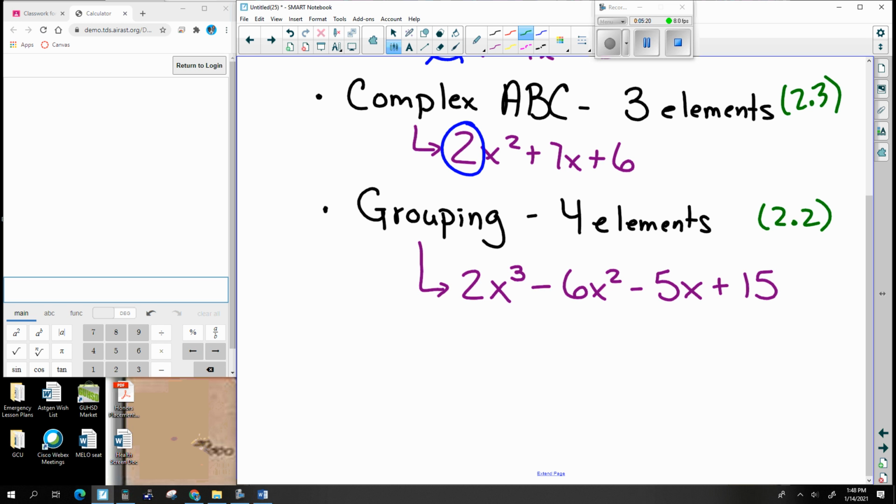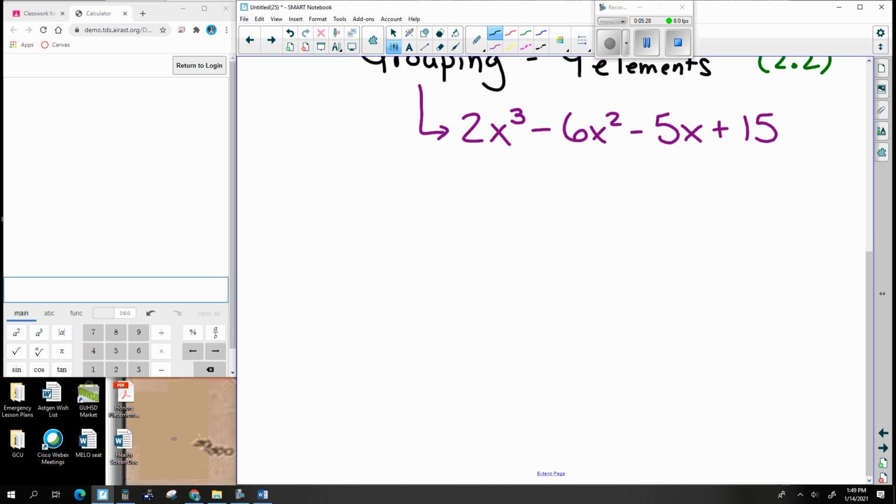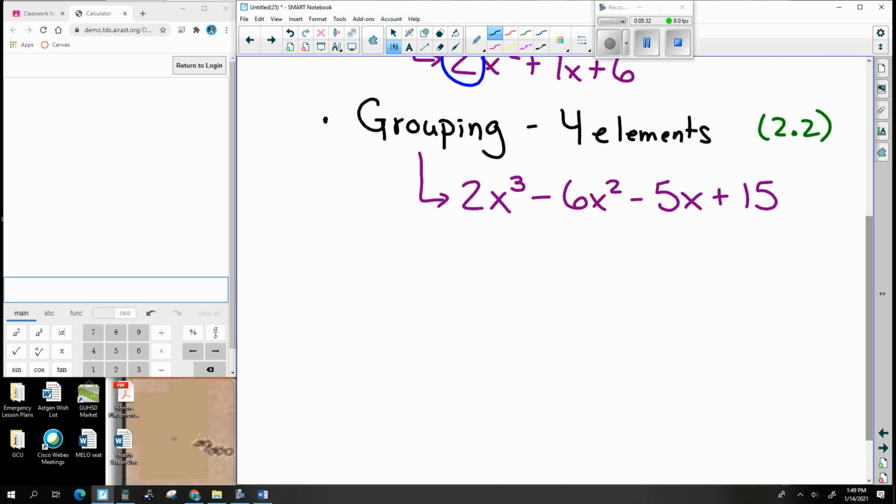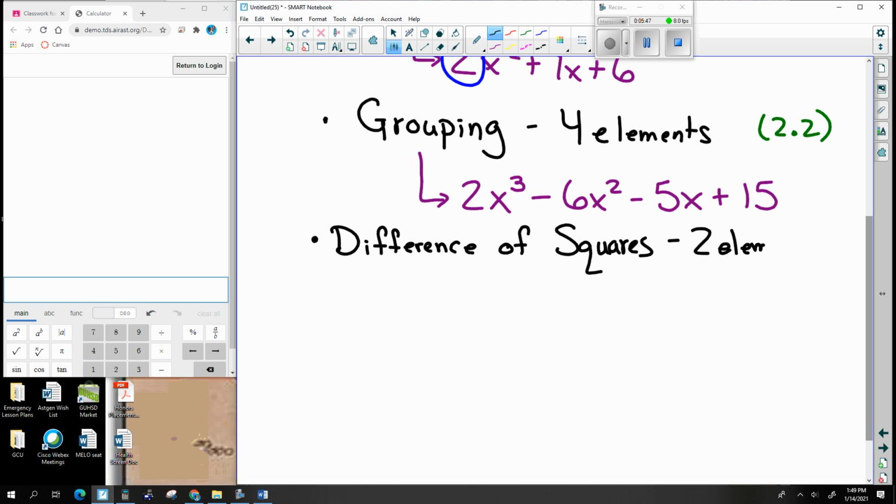With grouping under video 2.2, we did talk about something that we're going to get into in depth today, and that is the difference of squares. How do I identify if there's two elements?